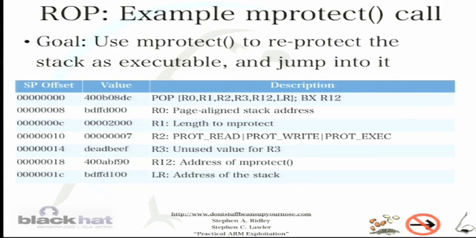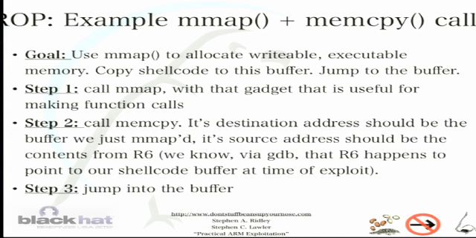But we're going to show how much more complicated this gets when you want to do a seemingly trivial thing. Let's say we don't exactly know where our shellcode is in memory, and so we want to use mmap to allocate readable, writable, executable memory. And just pretend that where the exploit occurs, we know R6 points to our shellcode in the heap somewhere.